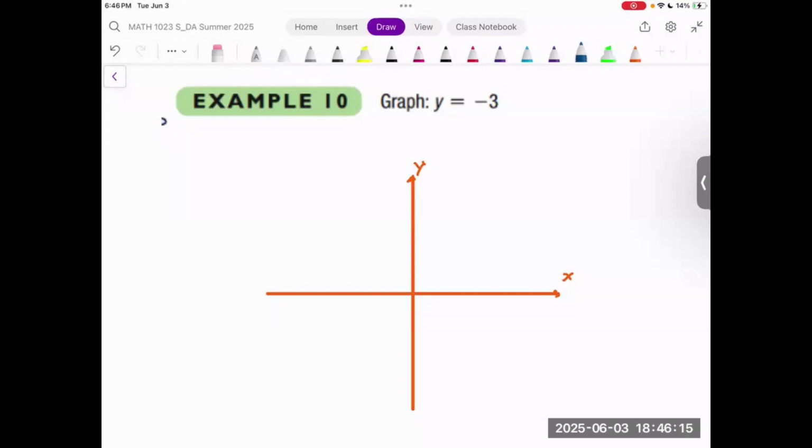Where is y equals -3, right? So y equals -3 is somewhere here, let's say. And which one makes more sense for you? Are you going to go horizontally or vertically from there? Horizontally, very good. So this is going to be a horizontal line, therefore, and you're all set. This is the equation of y equals -3, right?